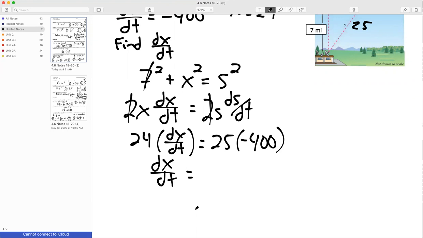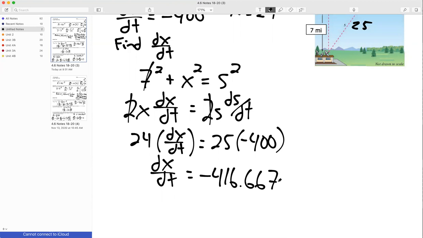Somebody help me. 0.6 repeating. Well, I don't think we want the mark of the beast in our calculus notes, so we're gonna round. No mark of the beast in the calculus notes. How about 667?